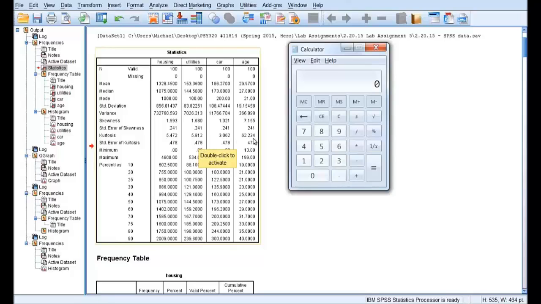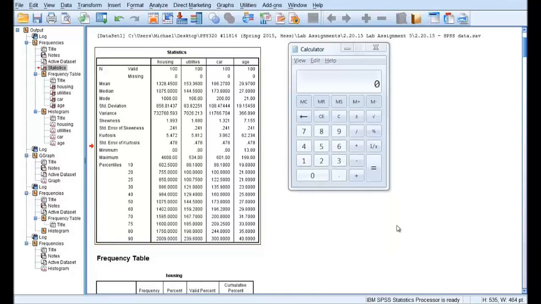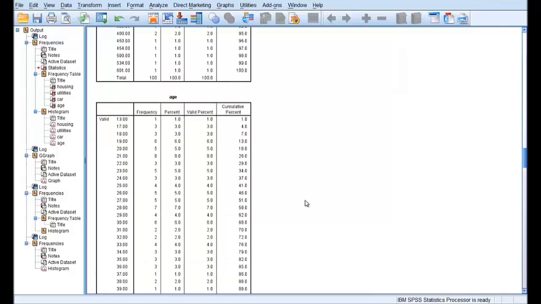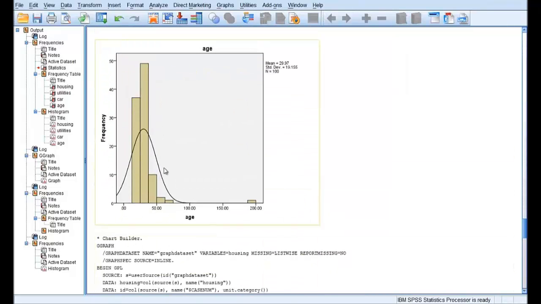If you'll notice our graph for age, when there was an outlier in the data of 199, look how high the kurtosis is for age. That's because there was an extremely high outlier in our data set, and that tells me that our data is mostly grouped around the mean, but that one high age, 199 years, brought that kurtosis really high, because if you look, most of the scores are grouped around the mean.